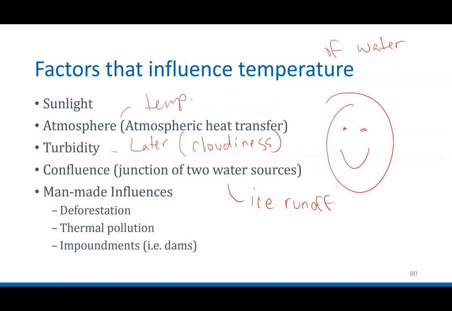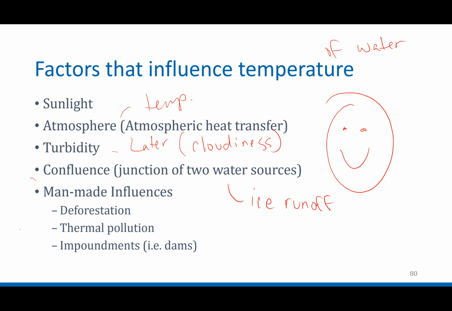As altitude gets lower, you get to the bottom of the mountain, temperatures are usually a little bit warmer, but the cold ice water hits the warm water. That can influence temperature quite easily.